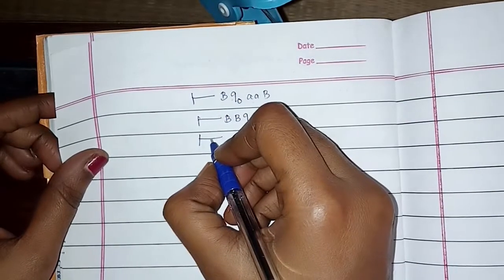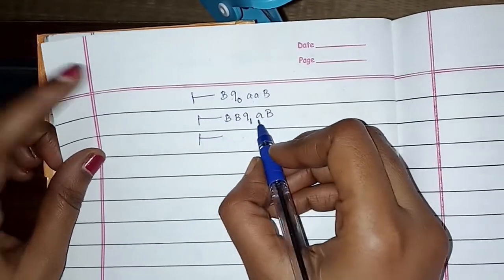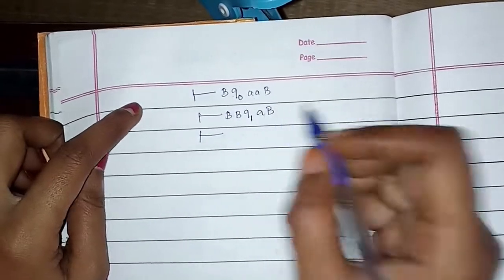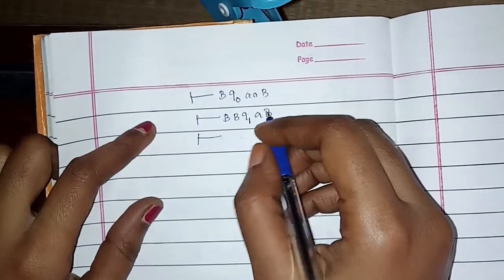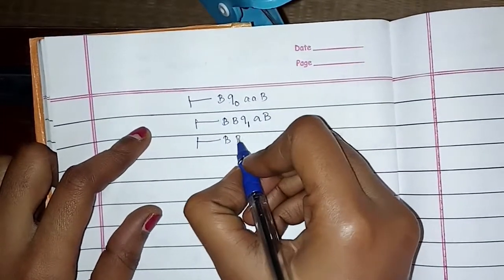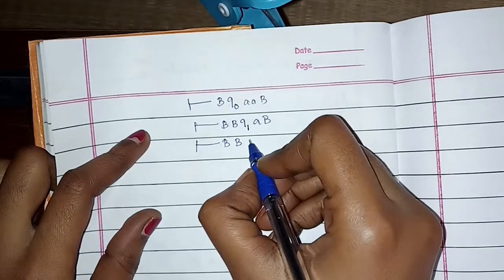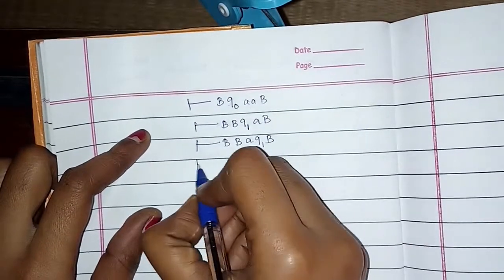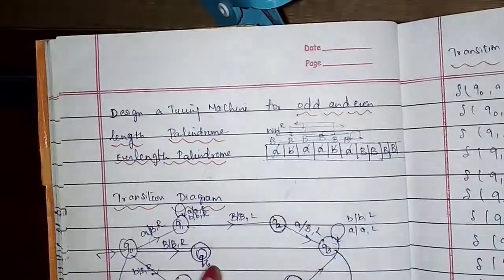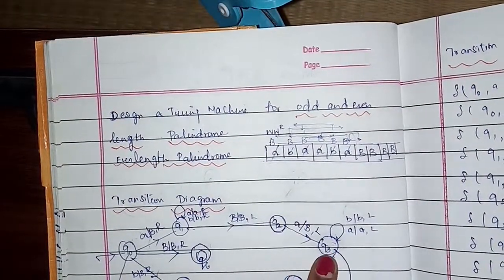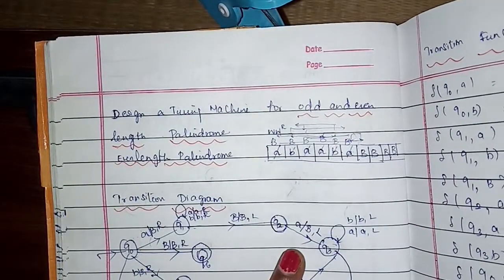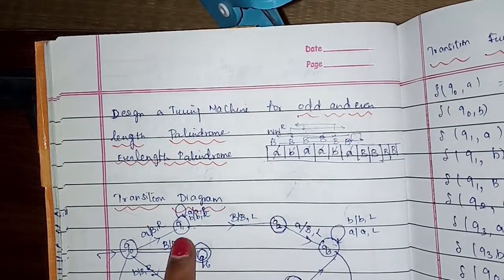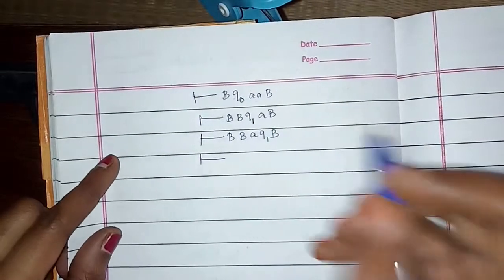So now we are going to this next part, right? So B, it has to go for the right direction, Q1 B. So until blank, fine. So once it sees the blank, it goes for the left direction. So the state is Q2, right?